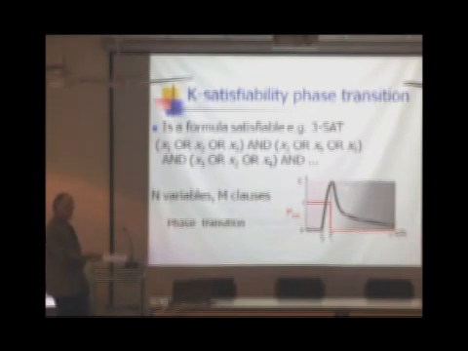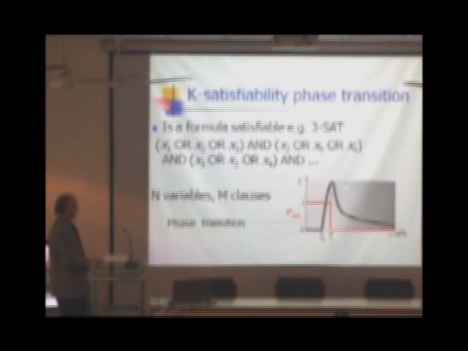And this phase transition occurs in a very similar manner to the maximum independent set, where the probability that you can find a satisfying clause goes to zero at a critical threshold that depends on the ratio of the number of clauses, the amount of constraint, to the number of variables.